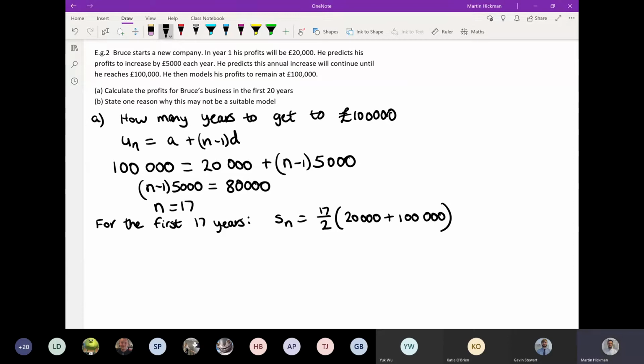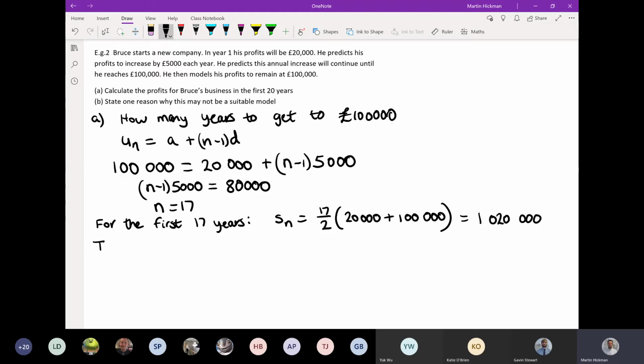You can also use the version where you have 2a plus n minus 1 d in the bracket instead if you wish. We simply put this on a calculator, and we obviously get quite a big number because we're getting thousands of pounds for 17 years. So we get £1,020,000.